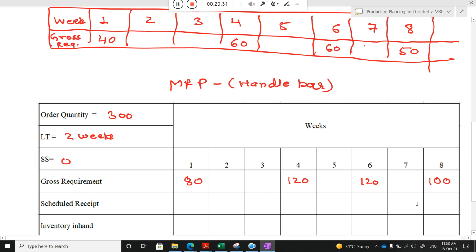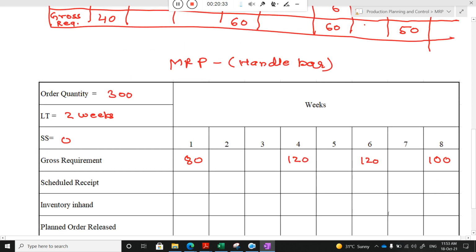Okay. So now the scheduled receipt. The next point is scheduled receipt. What do we need to write in the scheduled receipt? The scheduled receipt means when you will receive the inventory related to handlebar.